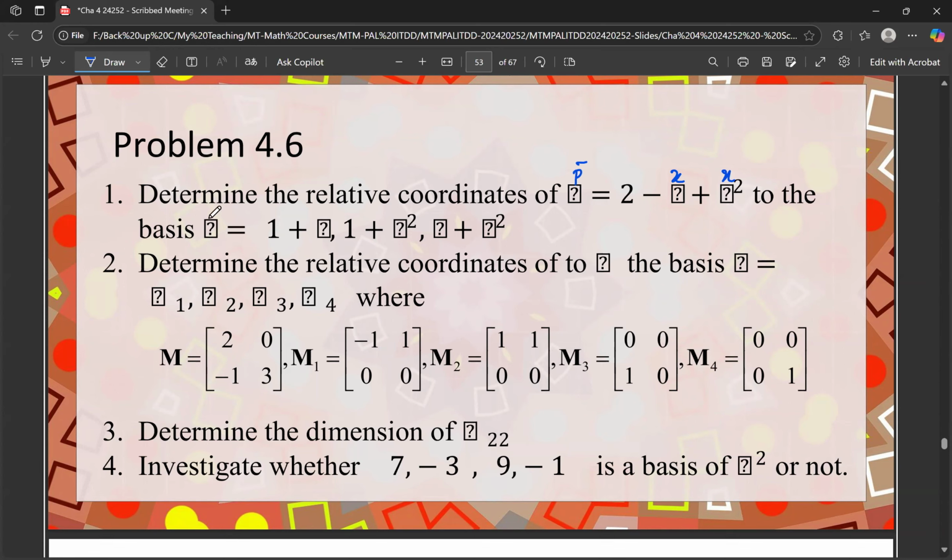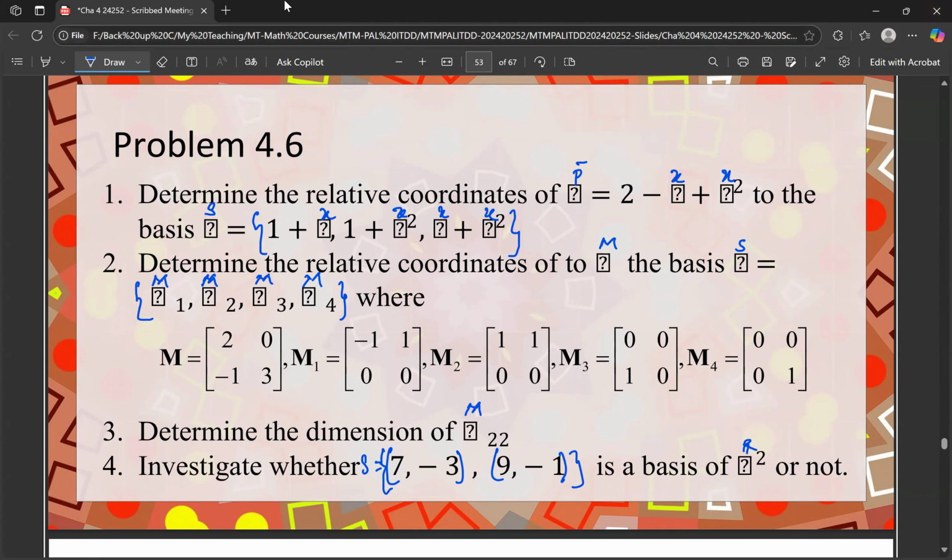Then this is set S. This is a basis S containing M1, M2, M3, and M4, and this is M22, and we have two vectors here.